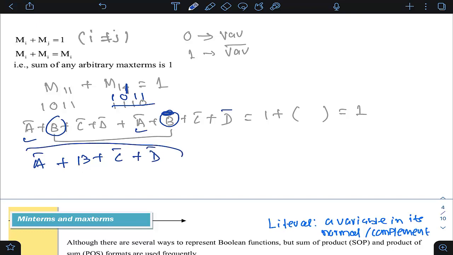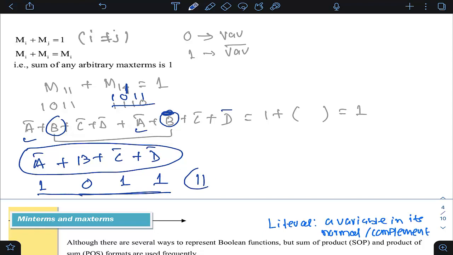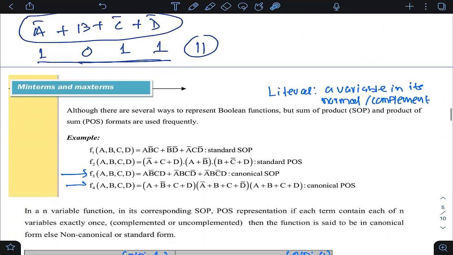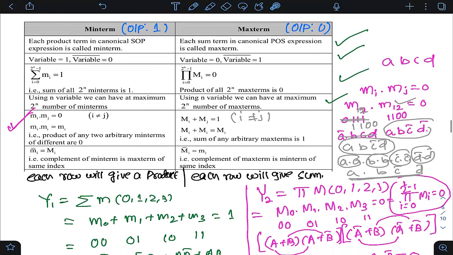Now if you find the maxterm combination of this: variable bar is 1, variable is 0, variable bar is 1, variable bar is 1. So you see this is again 11. So maxterm 11 plus maxterm 11 is again maxterm 11. If we add maxterms of the same index, you get the same maxterm. If you add maxterms of different index, you get logic 1. So this is the property.